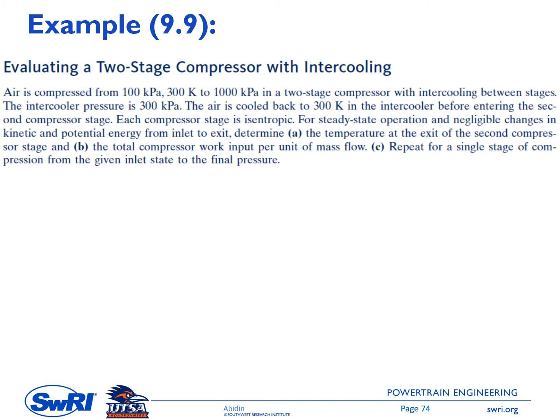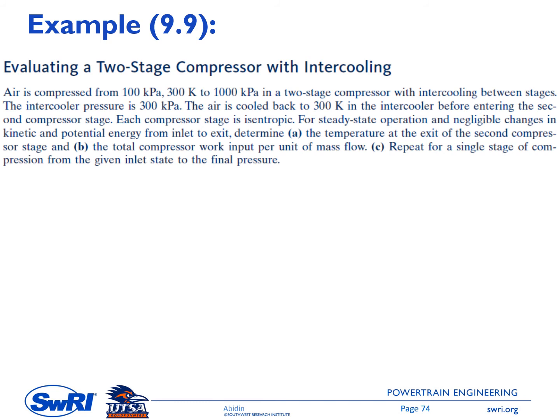I believe this is state number 1, equal to state 1 in the previous example, in a two-stage compressor with intercooling between stages, and the intercooler pressure is 300 kilopascal. The air is cooled back to 300 Kelvin in the intercooler before entering the second compressor stage.